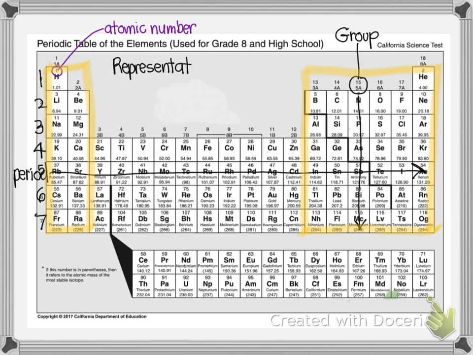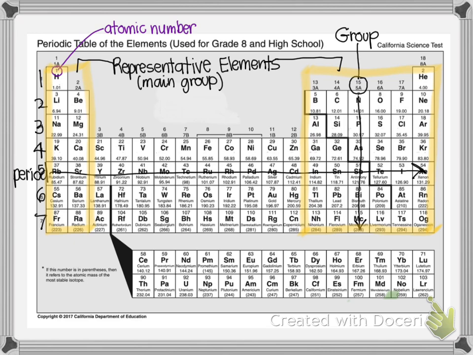It can also be called the main group. I have one textbook that calls them that. I feel like main group is a little more modern, but I'm not sure. So all these are representative.